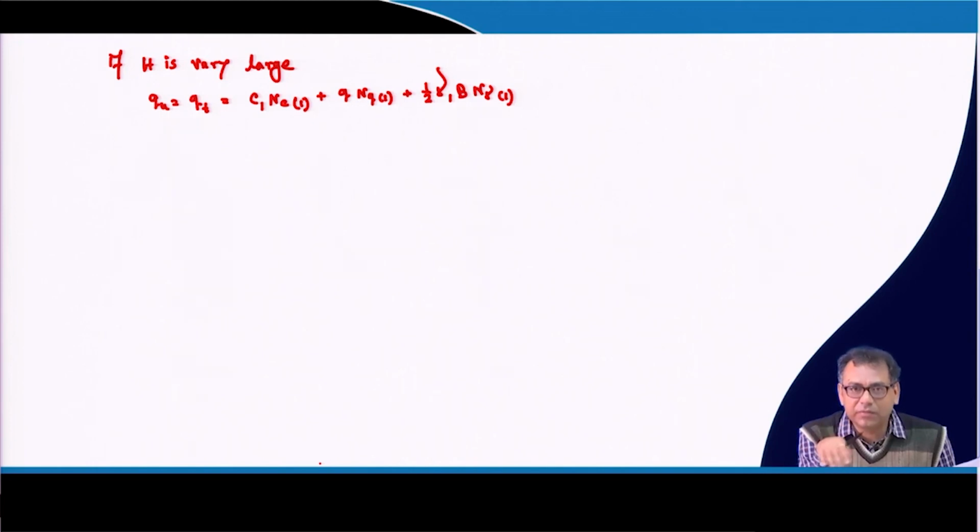Now, if the bottom soil influence is there, because the bottom soil is the weaker soil, then if the influence of the bottom soil zone increases, your bearing capacity will reduce. So, the maximum bearing capacity you will get if the whole influence zone is within the first layer, because the first layer is a stronger layer compared to the second layer.